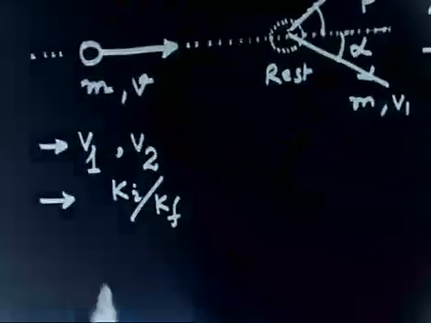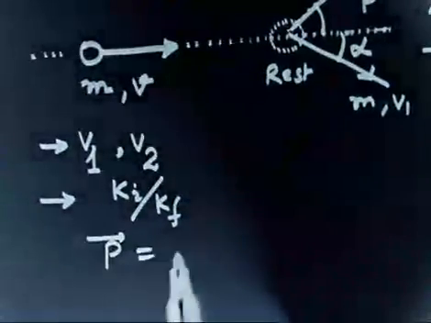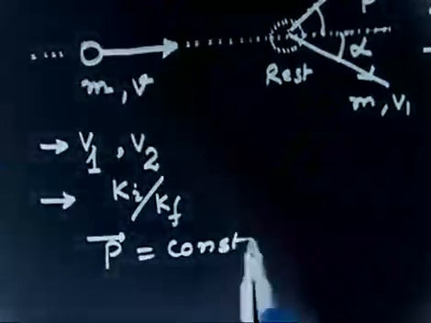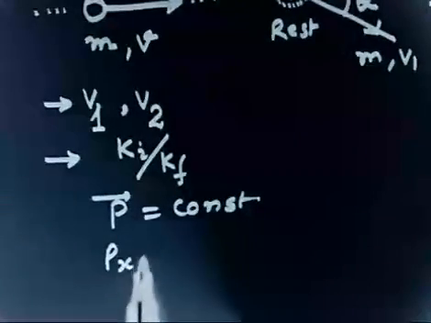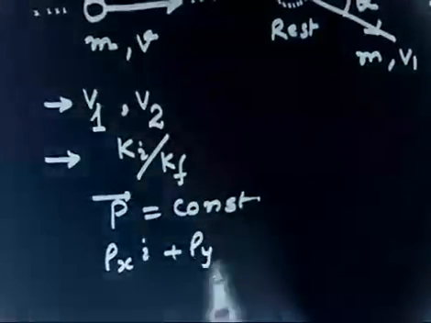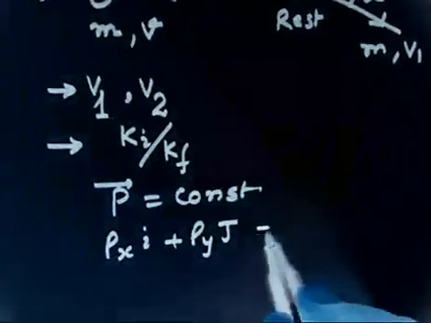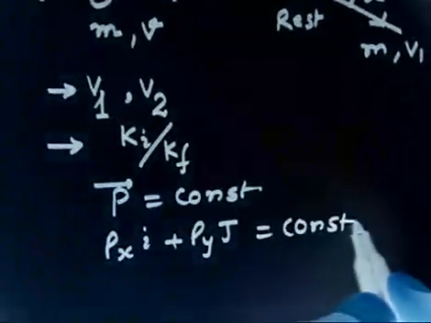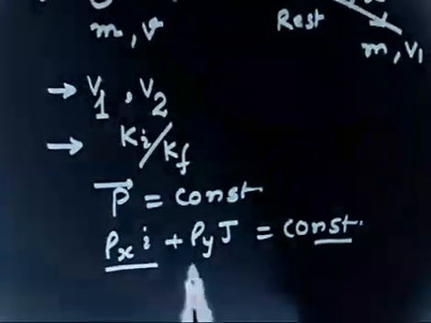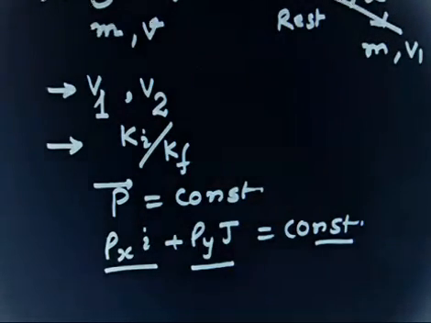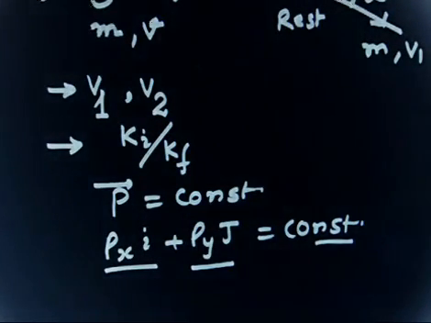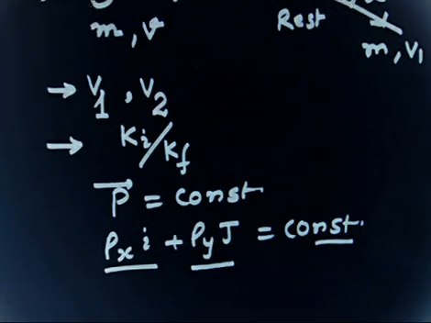Momentum P is constant, and P is a vector, so P x i plus P y j is constant. This means the i component and j component can separately be constant. So I can apply momentum conservation along the x direction and also along the y direction. This is a two-dimensional momentum conservation equation.